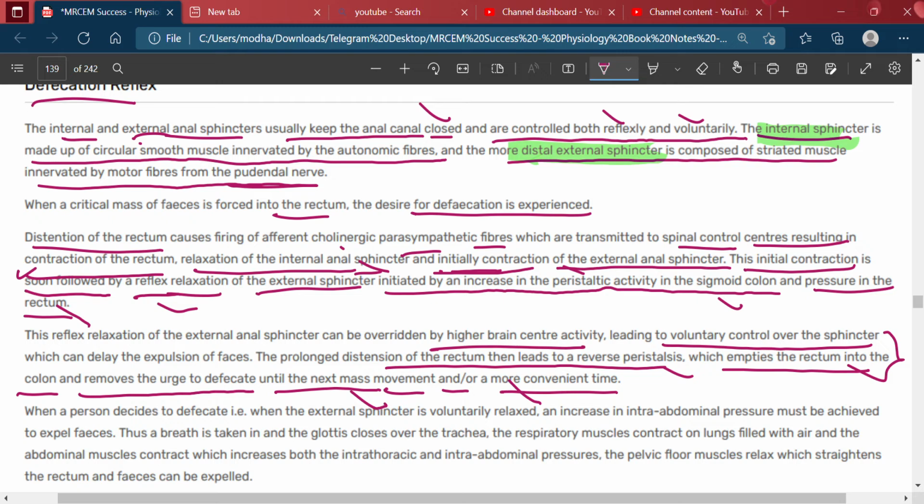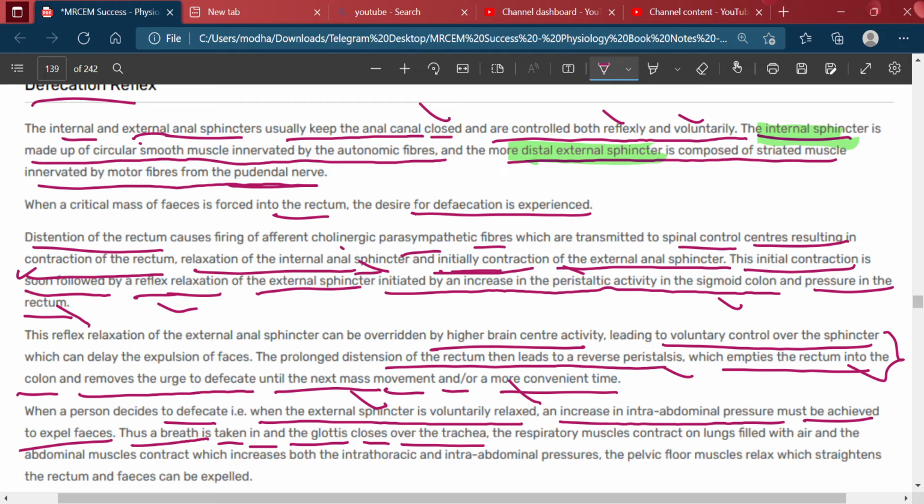When a person decides to defecate, the external sphincter is voluntarily relaxed, and an increase in intra-abdominal pressure must be achieved to expel feces. Thus, a breath is taken in, and the glottis closes over the trachea.